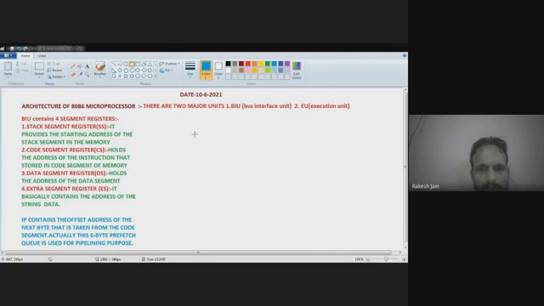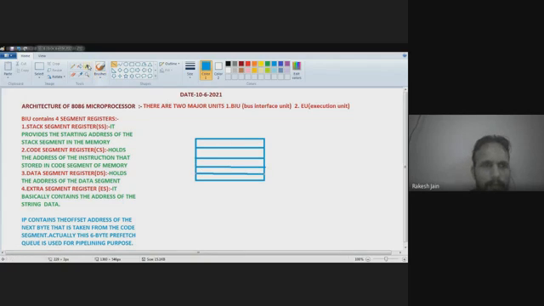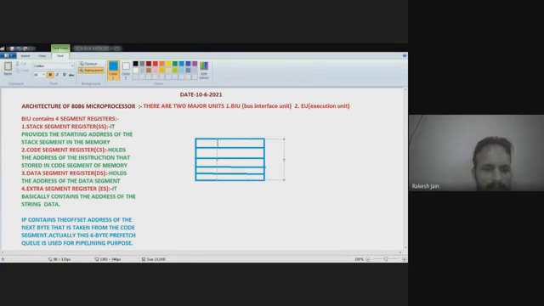The 8086 architecture basically contains the segment register part, in which four segments along with the IP are present. These are the segment registers which are available.